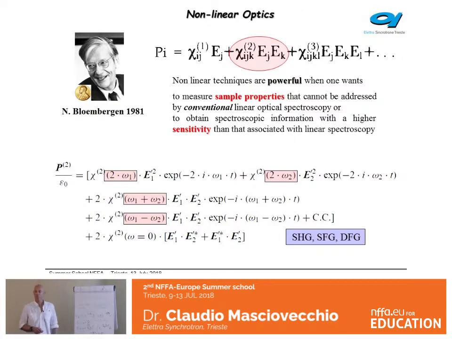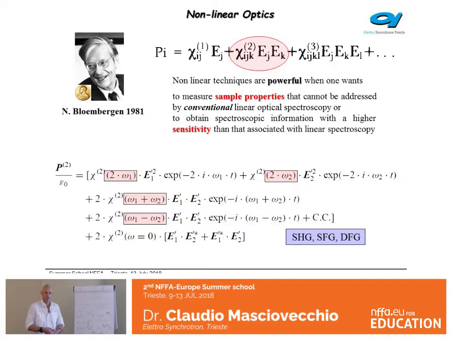Some years later, Nicolaas Bloembergen got a Nobel Prize for all the developments in nonlinear optics in the optical regime. And basically, this is the formula which explains everything. The polarization, usually when you do an experiment, oscillates at the same frequency as the electric field.